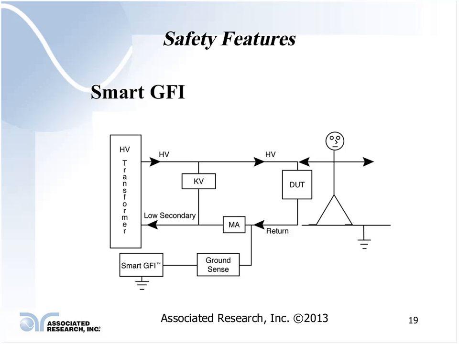We realize if you are testing something that is tied back to earth ground, you don't want it to always give you a false failure where you trip off the GFI. So you can turn it on or off. If you ground the return of your product, it automatically disables the smart GFI. But you also do have a setting where you can turn it on or off. This is what makes the thing smart.